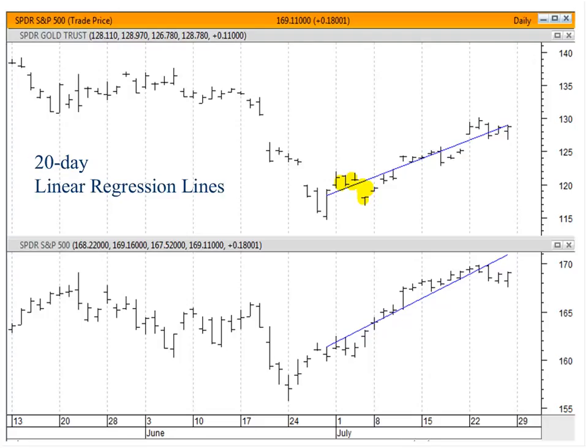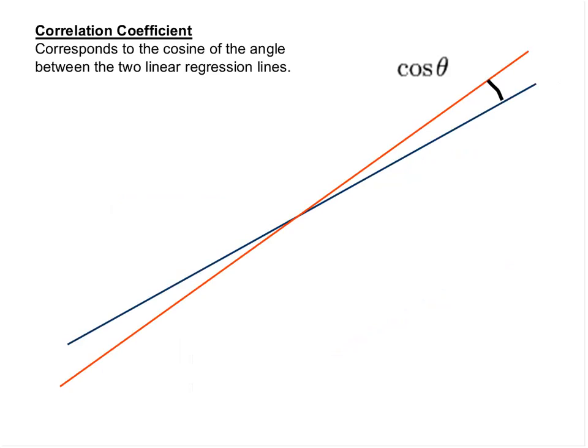Okay, so with that done, we can take both lines like this, accounting for scale and all that.